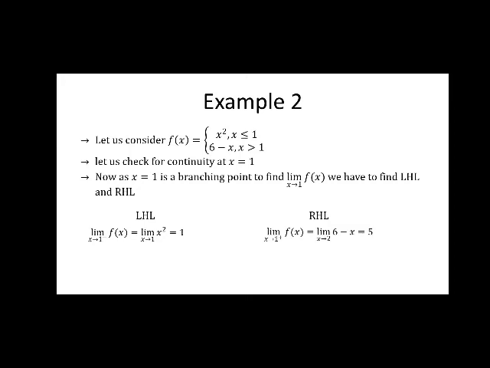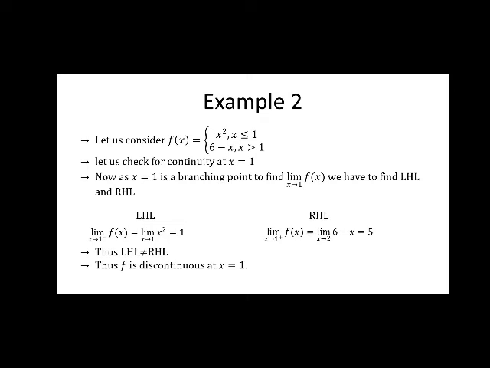But in the right hand limit, the limit value is 5. So the left hand limit and the right hand limit do not match, and as they do not match, I can say that the function is not continuous at x equals 1. So this is the case of jump discontinuity.